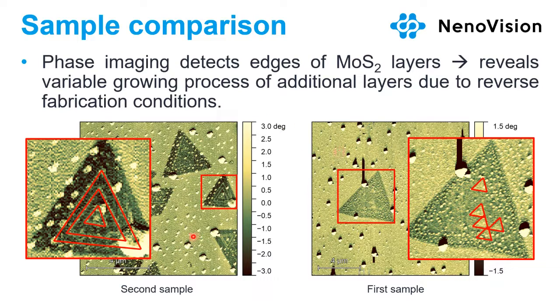We can see that most probably the growth conditions caused the layer to grow differently, in a, let's say, triangular shape. Here are small triangles, and it seems like we have different growing conditions, different ways of creating such clusters, and not from center.